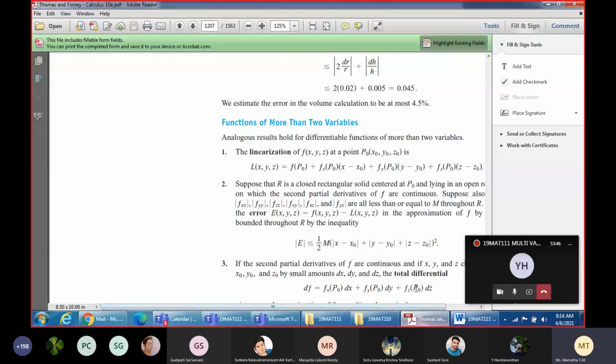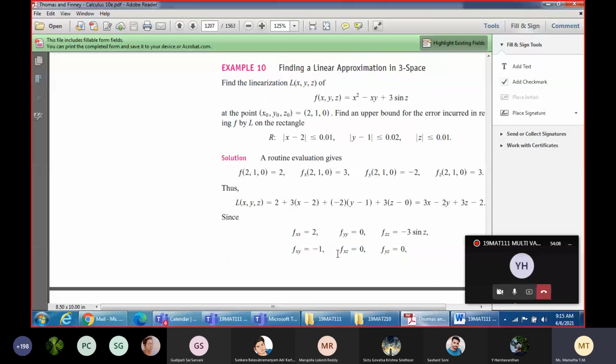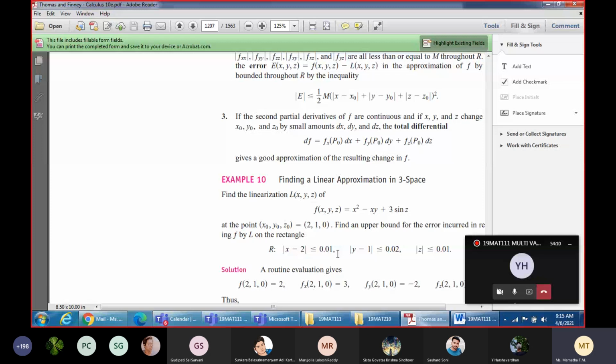M is the slope value, given as M of mod x minus x naught, the distance formula, mod of y minus y naught plus z minus z naught, the whole square. So M will be, after differentiating once, we put the x naught, y naught, z naught values and we'll get M, right?